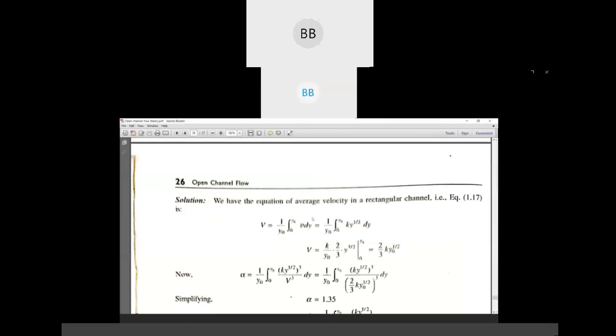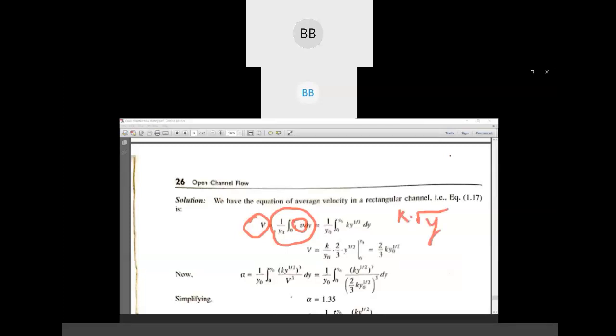So now we proceed to the solution. We have already discussed that to find alpha and beta, first we have to calculate V. So this is the equation for V. In place of small v, we have substituted this equation, that is k multiplied by root over y.